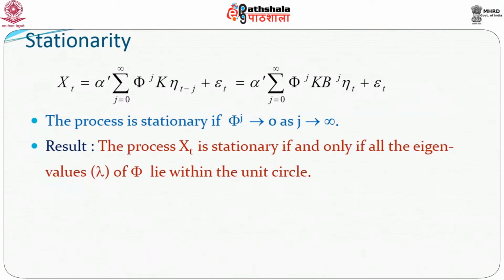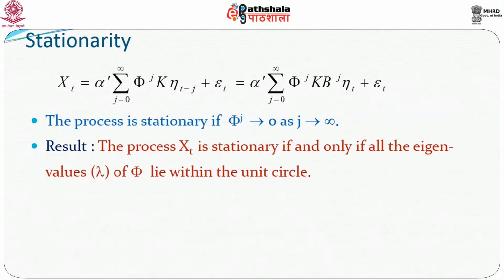So, let lambda be an eigenvalue. Lambda must lie within the unit circle. In fact, in this case we will have several eigenvalues and all of them need to lie within the unit circle. There will be d of them, remember, because Phi is a d by d matrix.